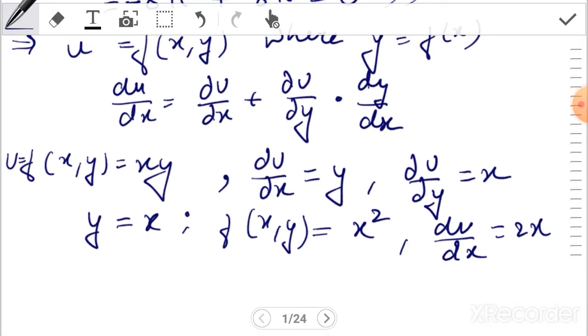So instead of substituting for y in terms of x, this can be found equivalently using the chain rule.